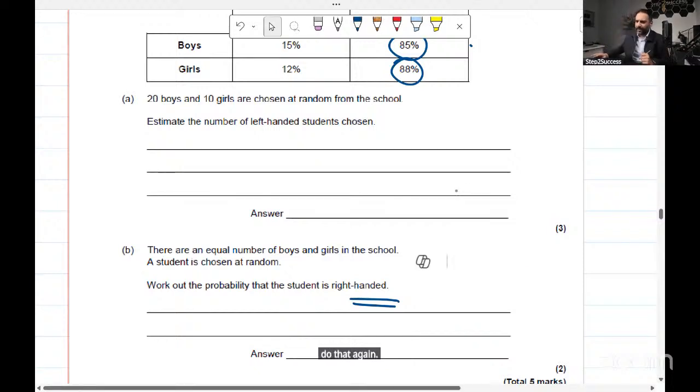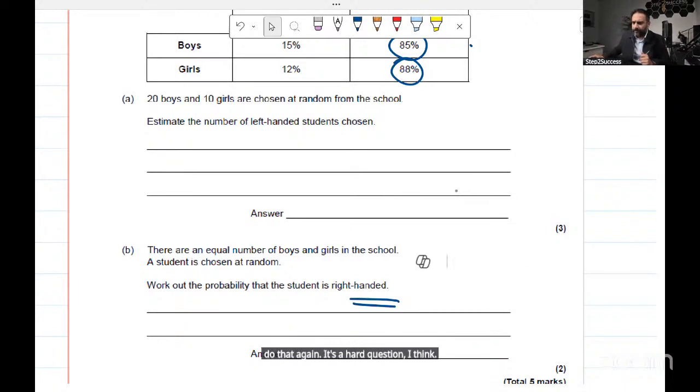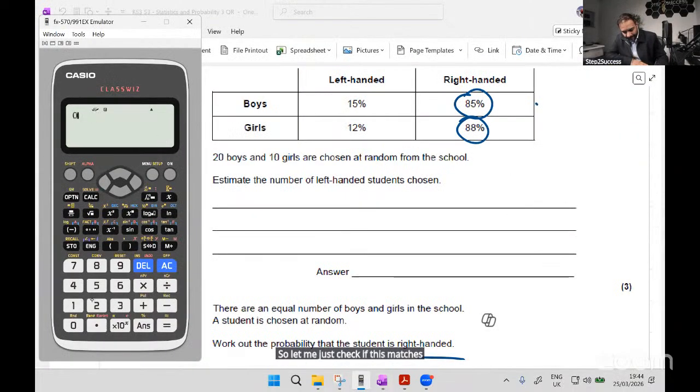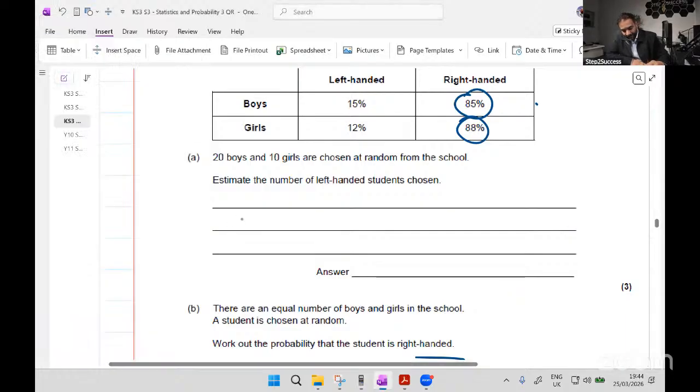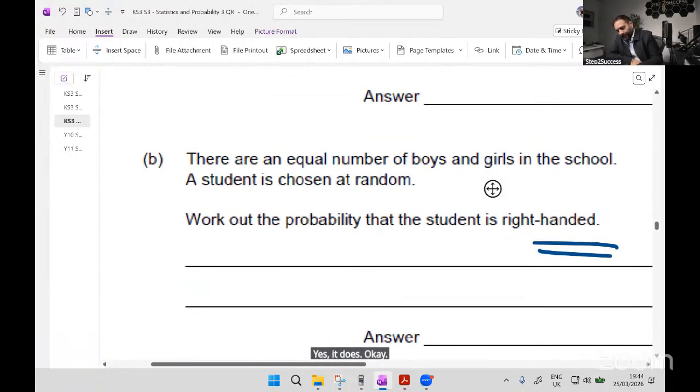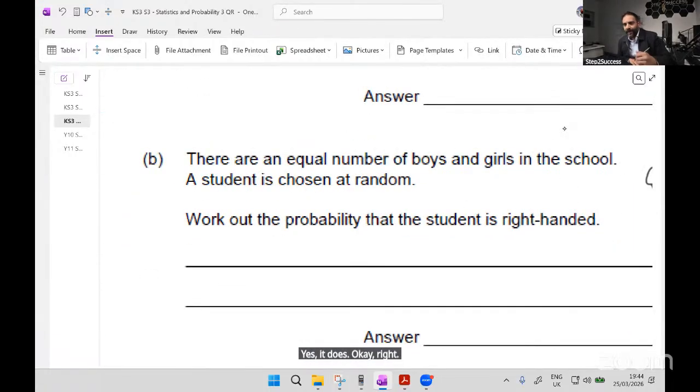It's quite a hard question, I think. So let me just check that my thought process matches the answer. Yes, it does. Okay, right. This is the way you have to think of this question. It's quite a complicated question.